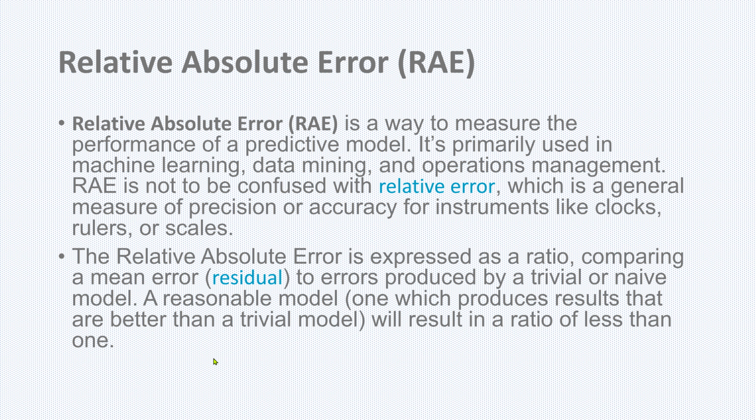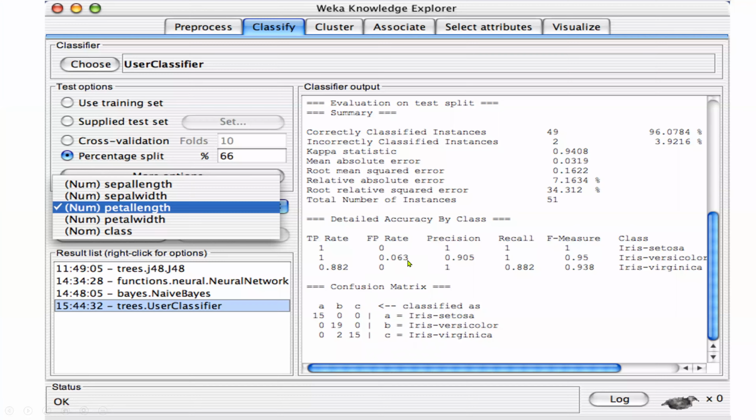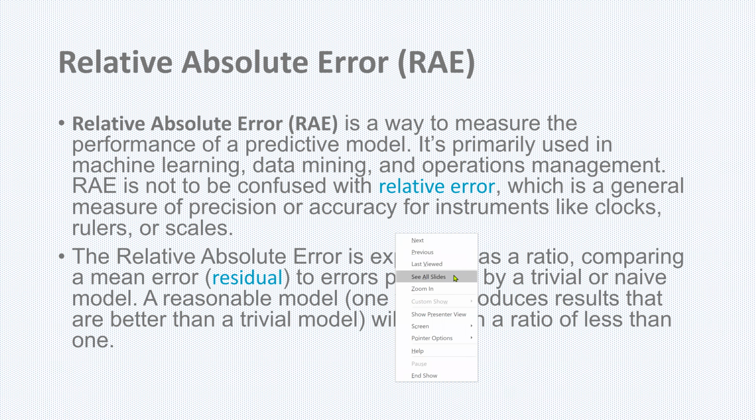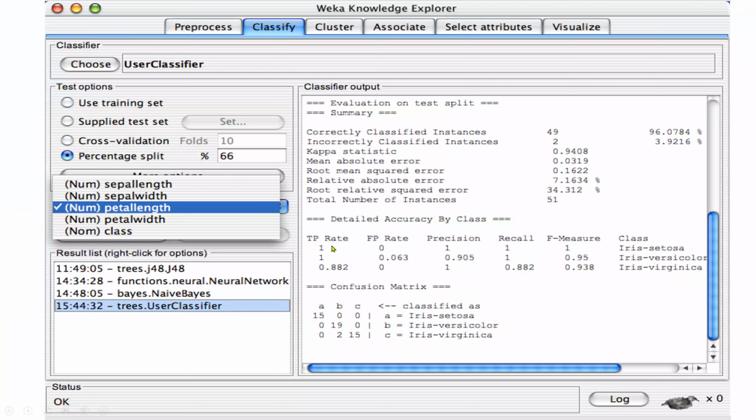You can see that in our result, relative absolute error was less than 1. We can check one more time. Here we have 7.1634, which is not too good.